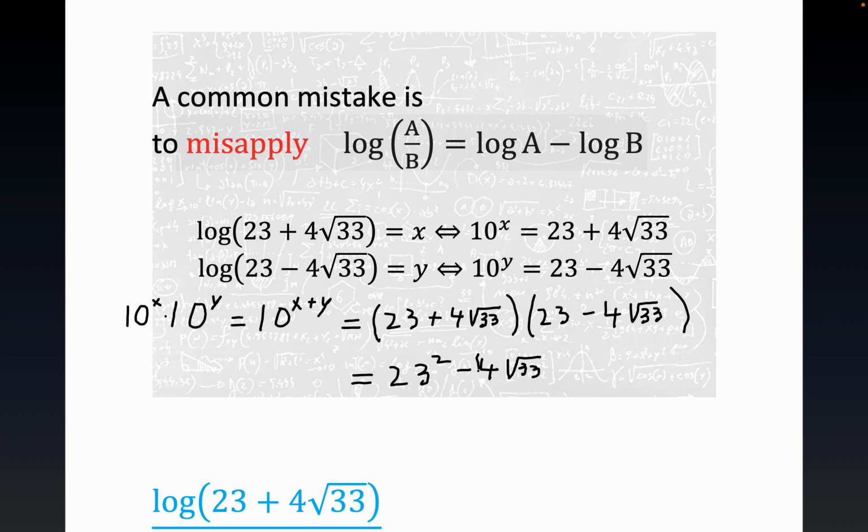Okay, and that whole thing is squared. Now I'll save you the arithmetic. This ends up being 529. This ends up being 528, and so this is actually equal to 1 here.